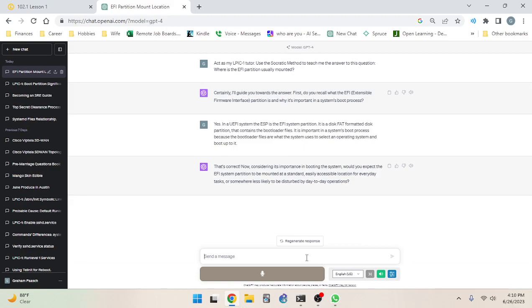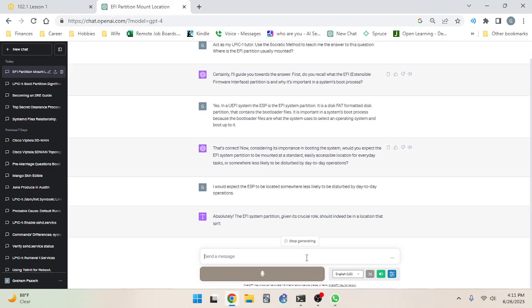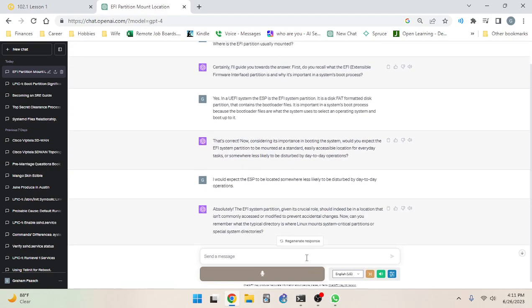I'm going to go with B. I would expect the ESP to be located somewhere less likely to be disturbed by day-to-day operations. Absolutely. The EFI system partition, given its crucial role, should indeed be in a location that isn't commonly accessed or modified to prevent accidental changes.